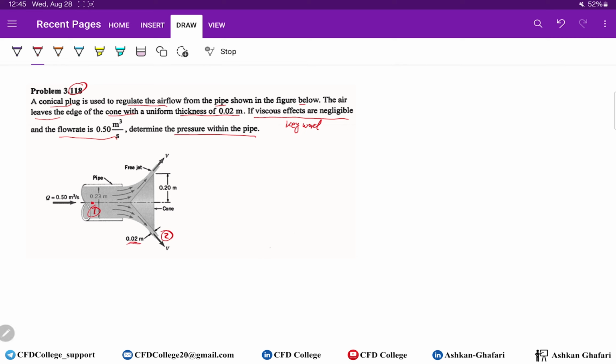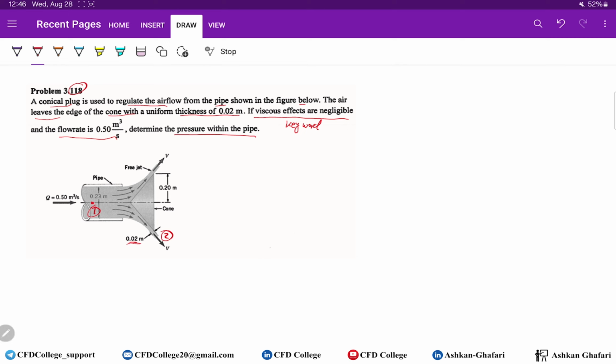An important point is many of the students get confused when they see this figure. It's not 2D, guys, it's a 3D cone, so we don't have two exits.